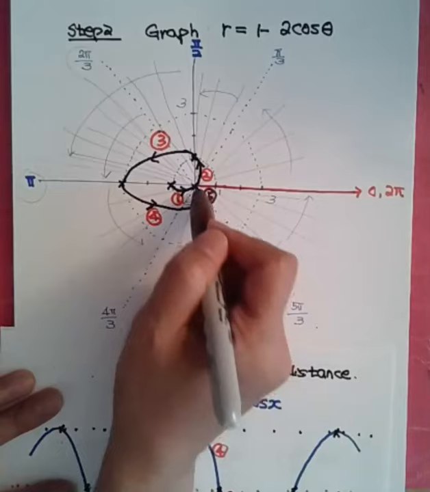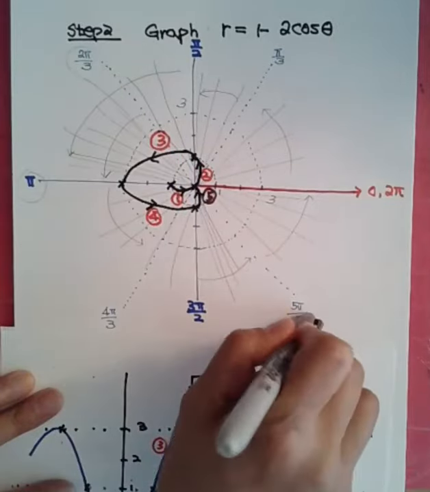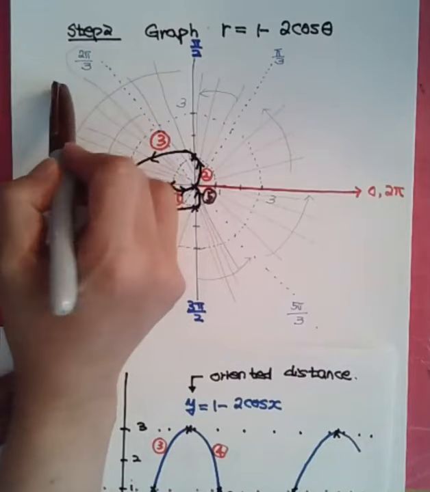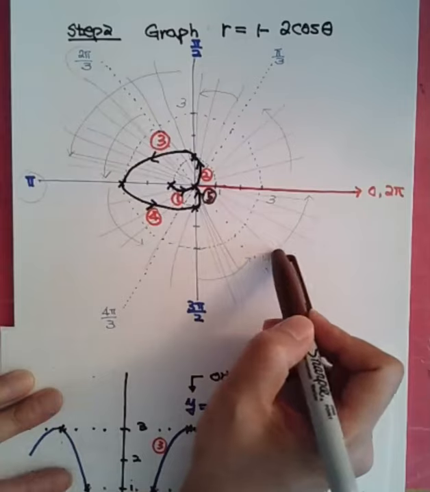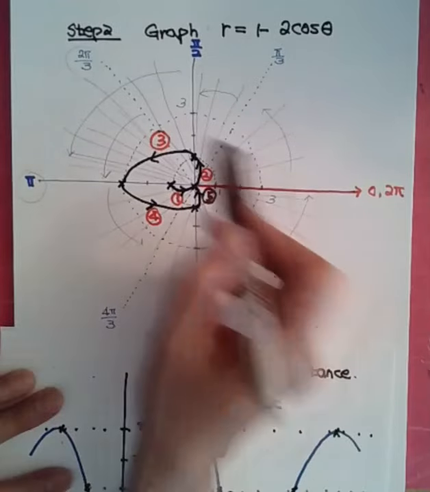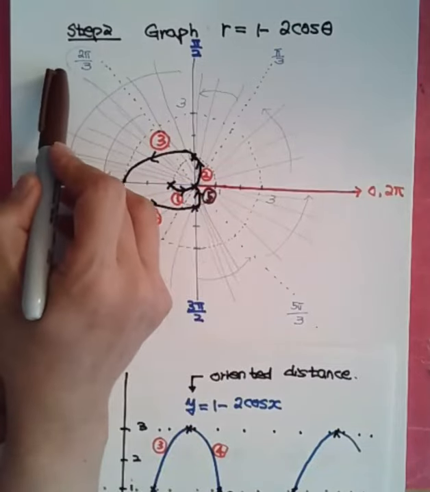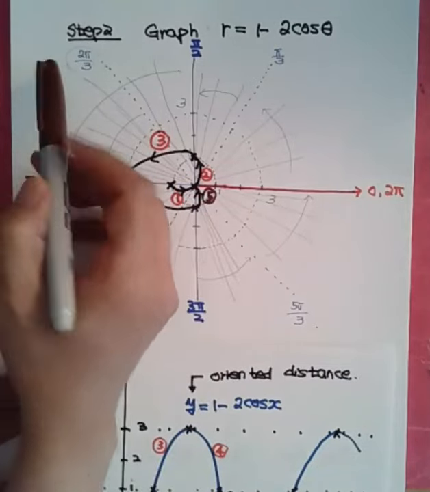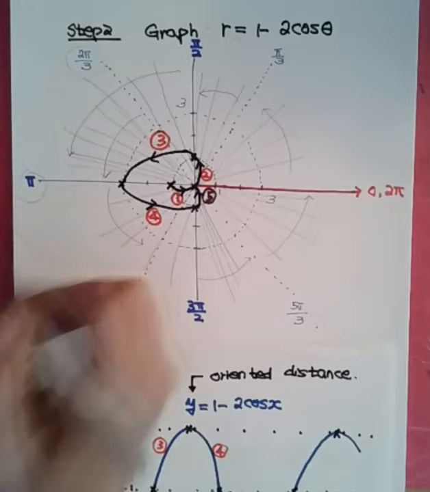If you go the other direction, then 5 pi over 3 will correspond to 2 pi over 3. When we go this way, we start from 2 pi over 3, and we move toward pi.